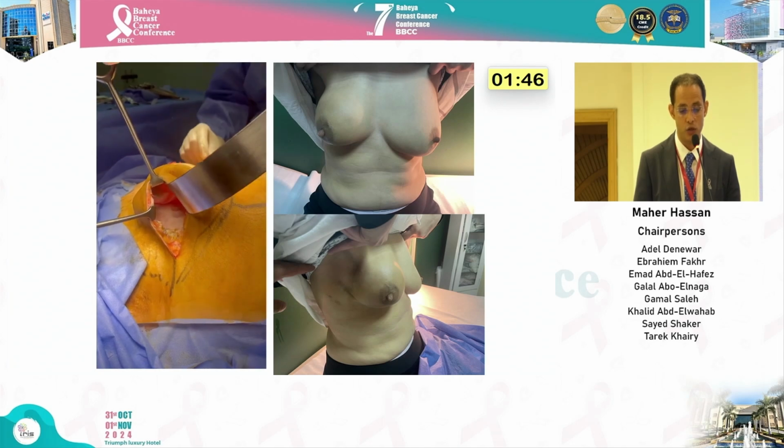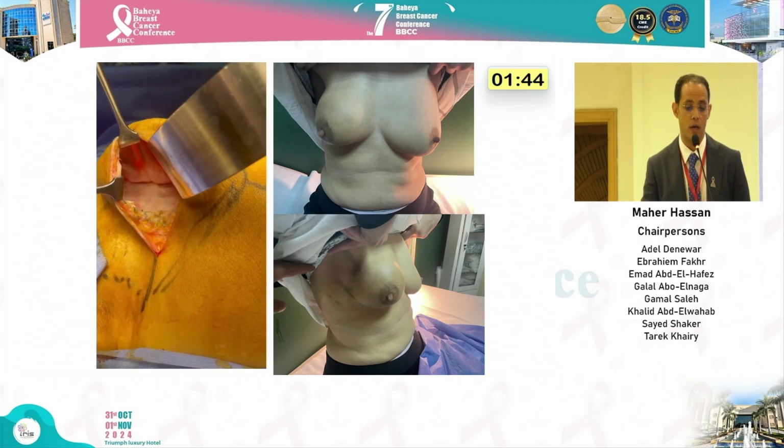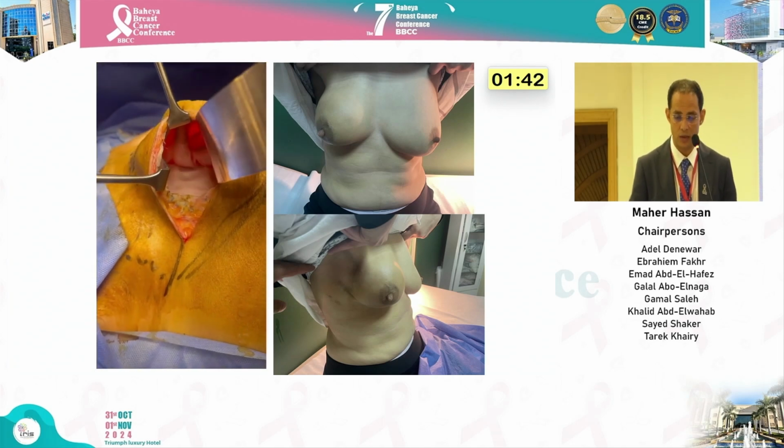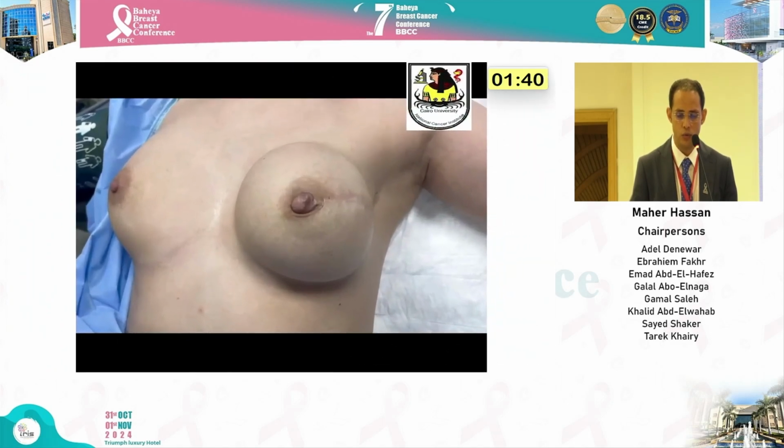Then we can manage surgically by capsulotomy or capsulectomy, as we will see in this video, with a case of lateral approach nipple sparing mastectomy and implant-based reconstruction with severe capsular contracture post-radiation therapy.